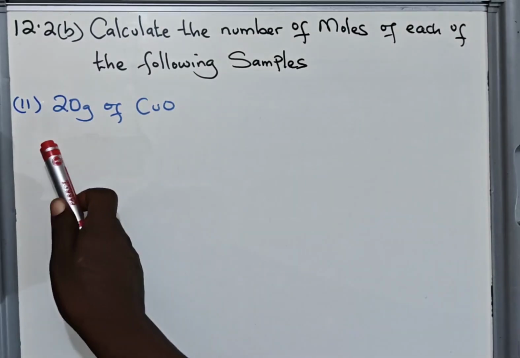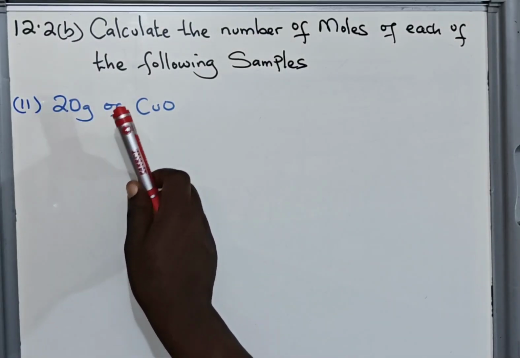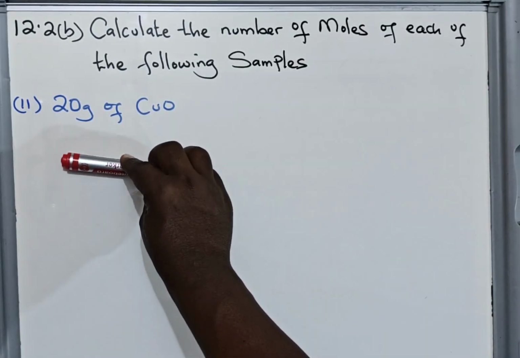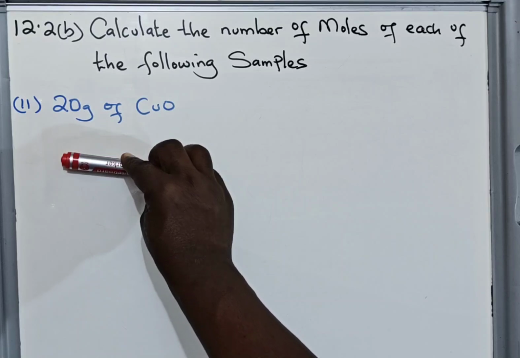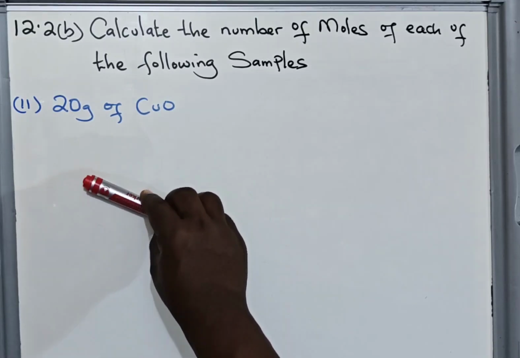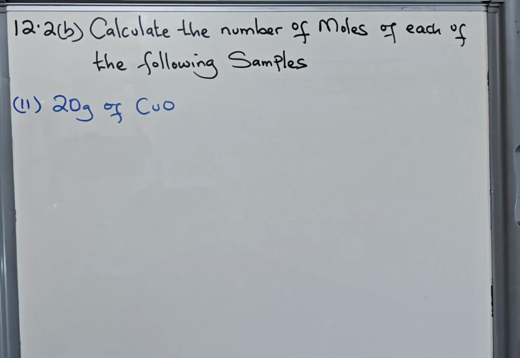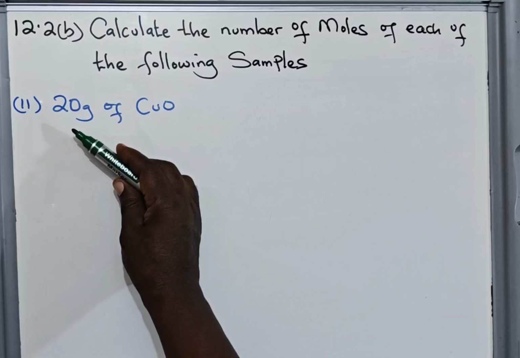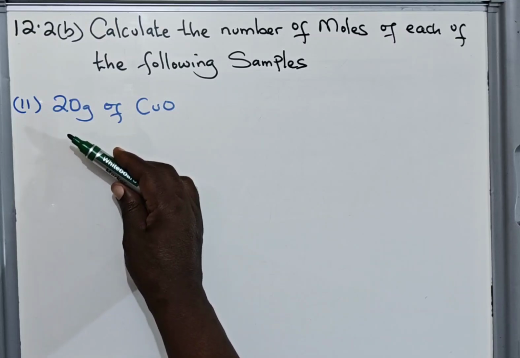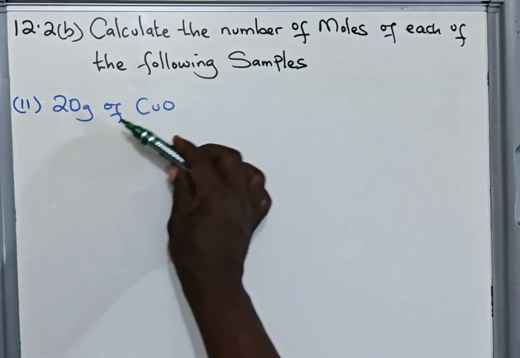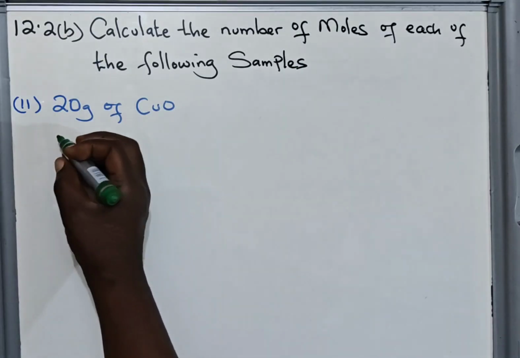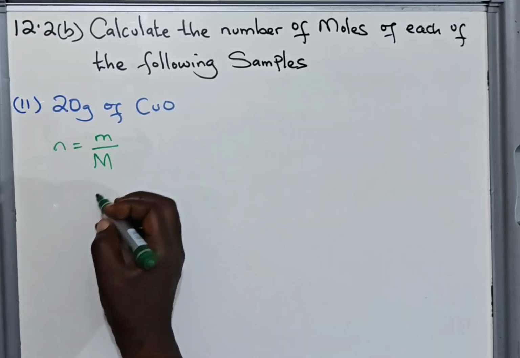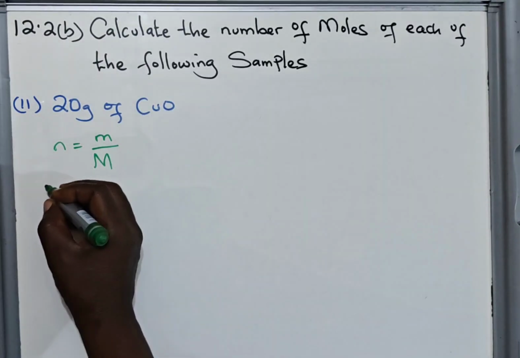Then we come to this one. It says calculate the number of moles of 20 grams of copper oxide. How do we go about this? You need to know that we are looking for number of moles and we have mass. So you have to establish the relationship between moles and mass. That relationship is given by N equals M over molar mass, where N is wanted.